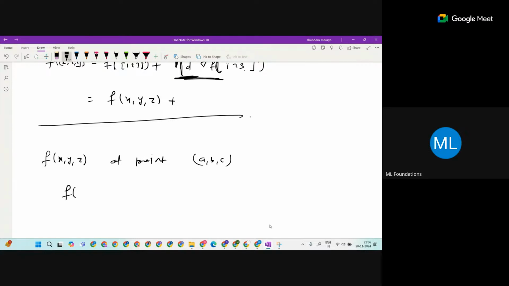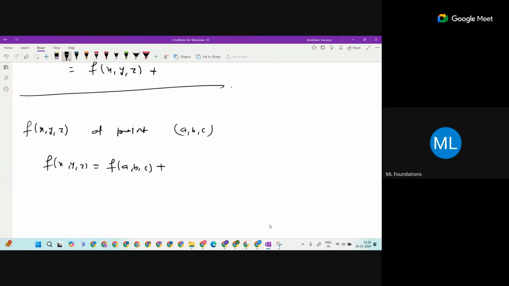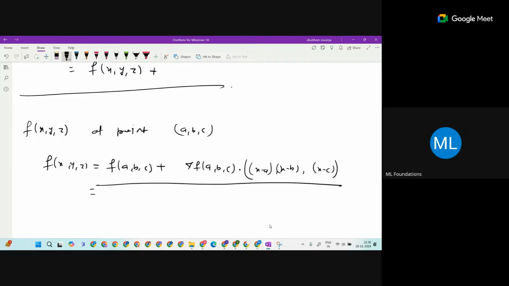Then the Taylor series is going to be the function value at A, B, C. Next is the gradient of the function at A, B, C dot product with x minus A, y minus B, and z minus C. This is the first order Taylor series in the multivariable case.